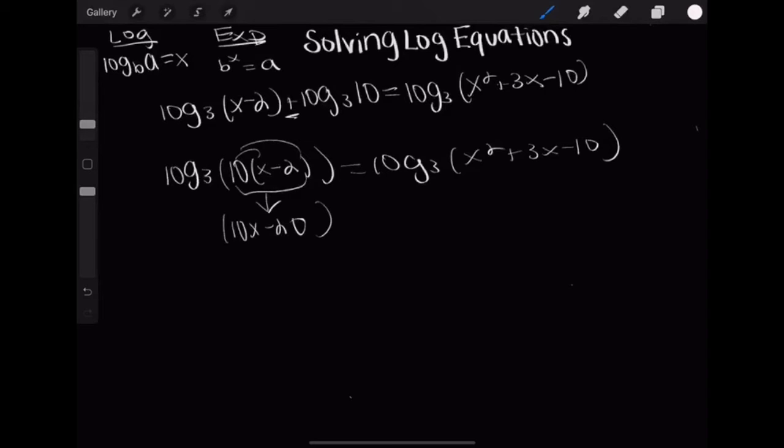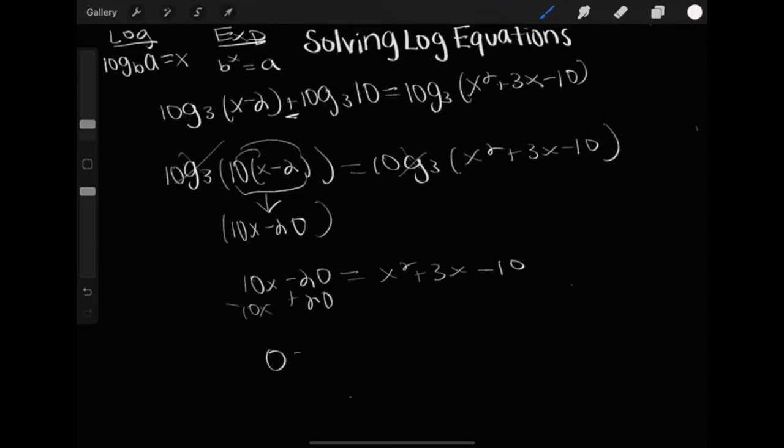And like I said, when you have this, you can just drop the log and set the arguments equal to each other. So, and now this becomes a pretty simple algebraic problem.